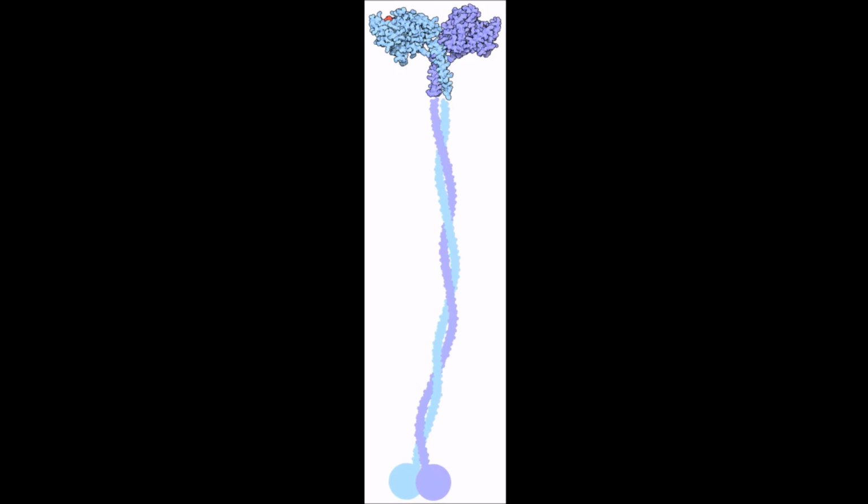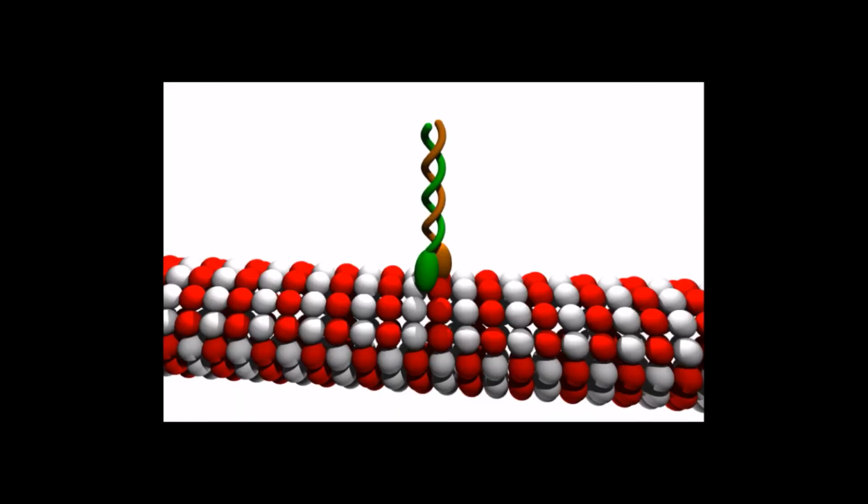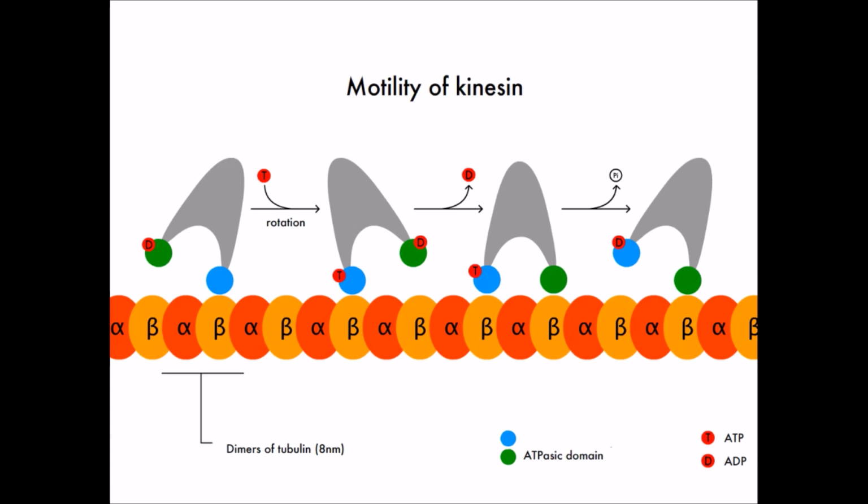I'm going to go very briefly through how this works. Those 2 major domains are going to attach to the microtubule. Each of them binds to the tubulin, and it happens kind of like this. We're going to have ADP attached to the feet.